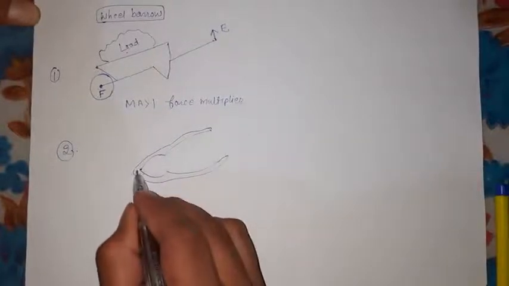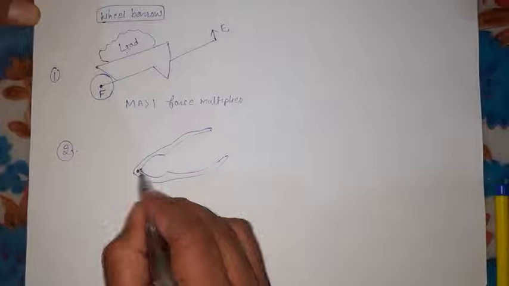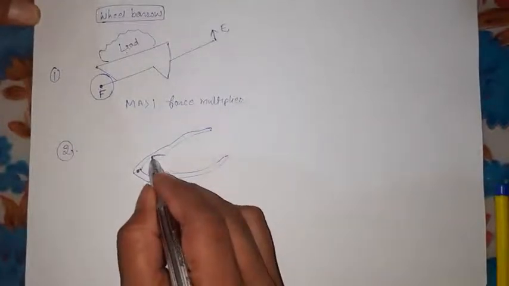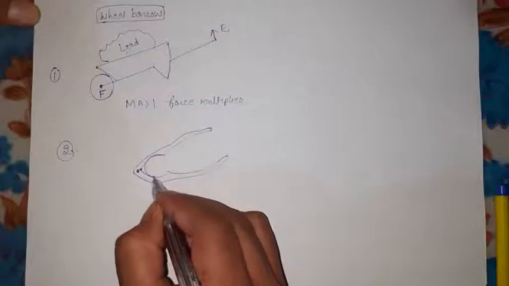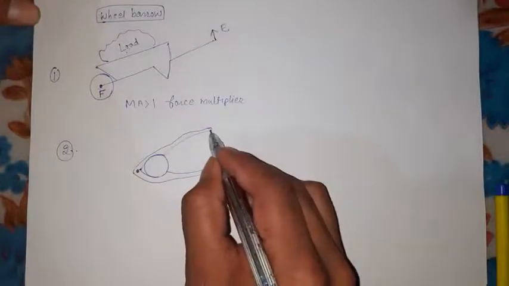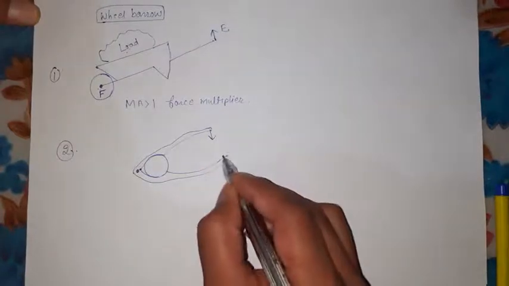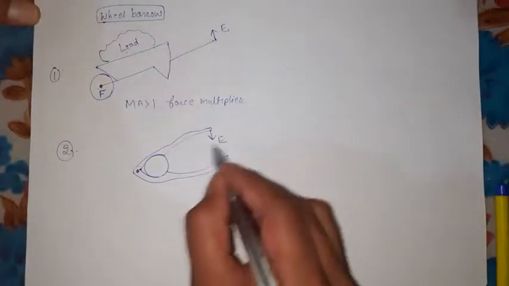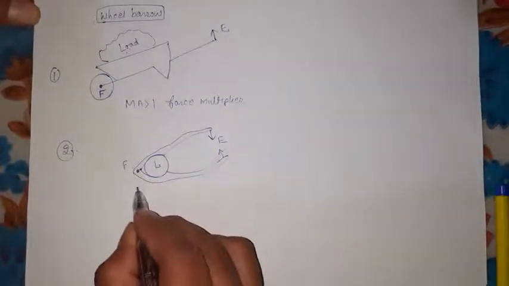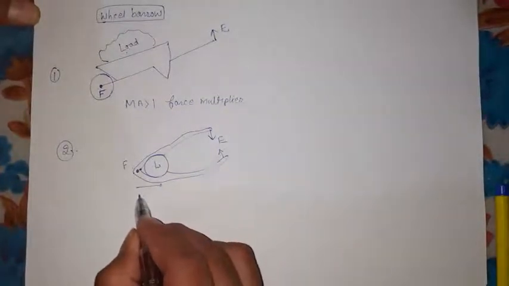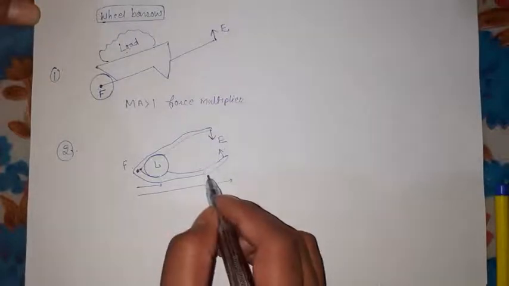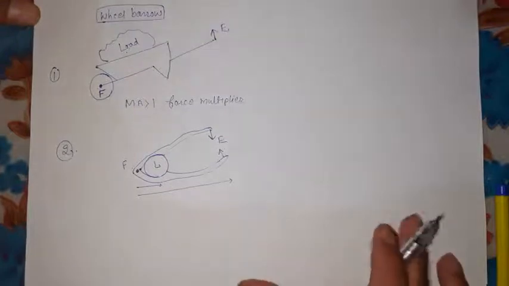There is a fixed point about which it will rotate, and the nut you place in between these two arms. Here is the nut which you place, and you apply the force at this edge. Here is the effort, the load is placed over here, and the fulcrum is this. You will find that this is the load arm, and here is the effort arm. So it also gives force multiplication.